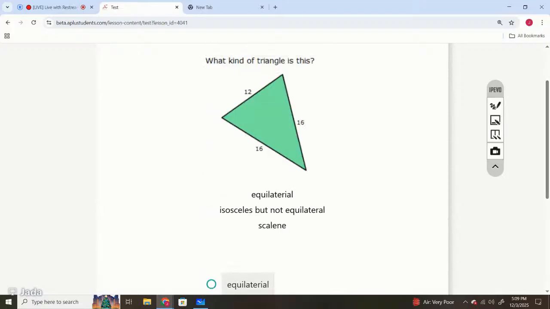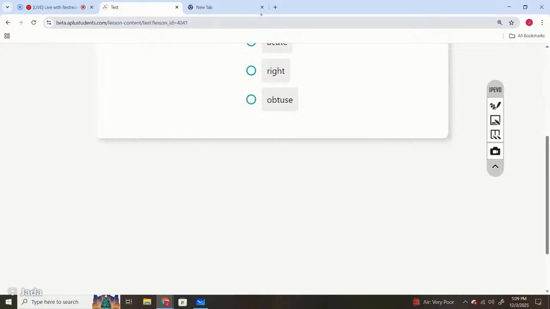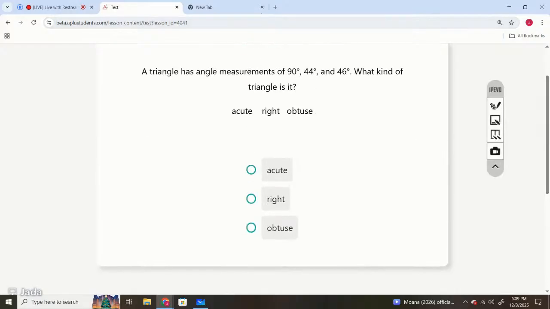What kind of triangle is this? That is an isosceles triangle because two of the side lengths are equal but the third one is different. So that is isosceles but not equilateral. Option number two is the correct option. A triangle has measurements of 90 degrees, 44 degrees, and 46 degrees.